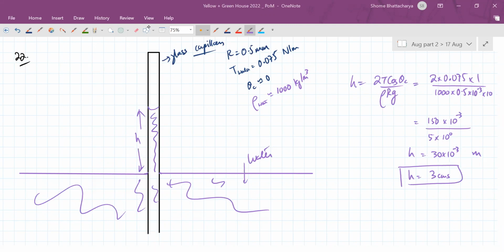Now find the difference between the pressure of water in the tube 5 centimeters below the surface and the atmospheric pressure. Such a point, 5 centimeters below the surface inside the tube, will be here. So this depth from the surface is 5 centimeters. What will be the pressure at this point? For that we have to compare this point with this point on the surface. It is 2 centimeters below the point on the surface, because h is 3 centimeters.